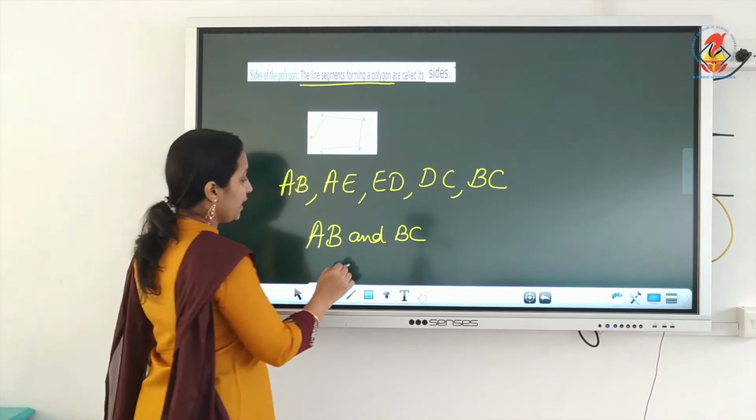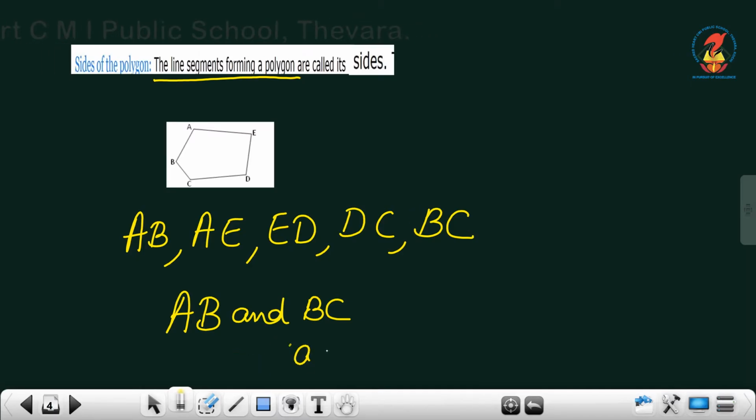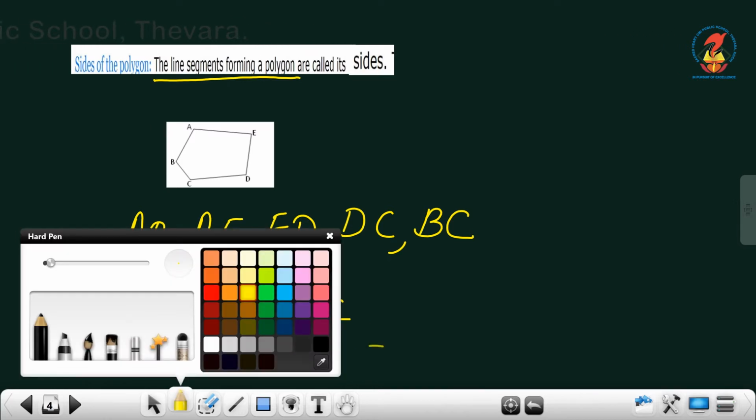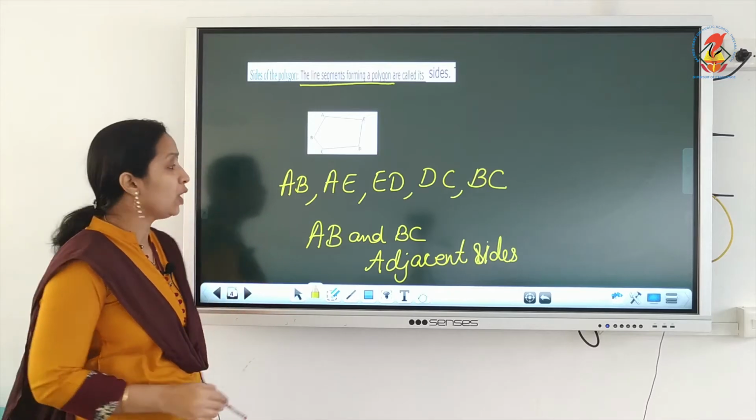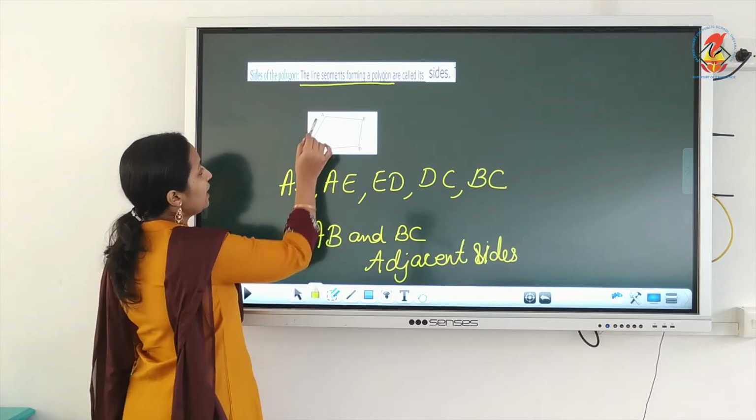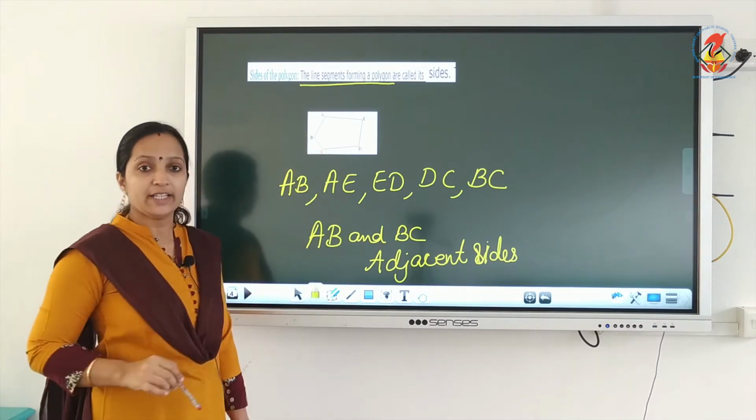What is the word? Adjacent sides. So, AB and BC are adjacent sides. What is the reason? Because they have a common point, a common end point. So, we can say AB and BC are adjacent sides.